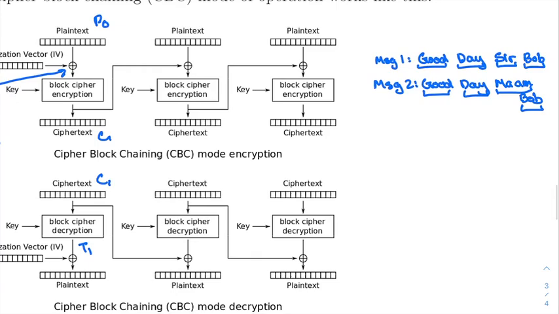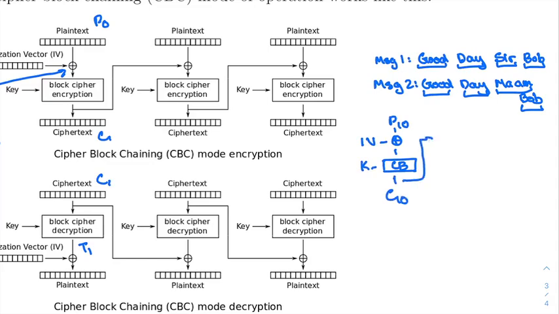So the first time this message gets encrypted, let's call the first block P10, to indicate that it's the first message and the 0th plain text of the first message, with the same IV. So we XOR the two together, we pass it into the cipher block with the same key, and we get, predictably, what we call C10, right?